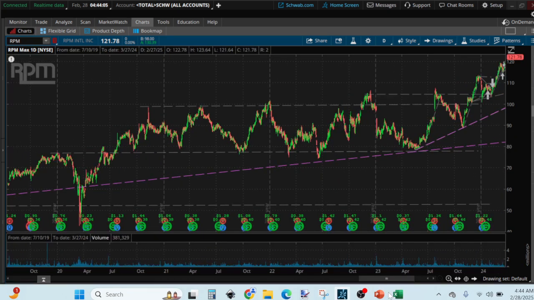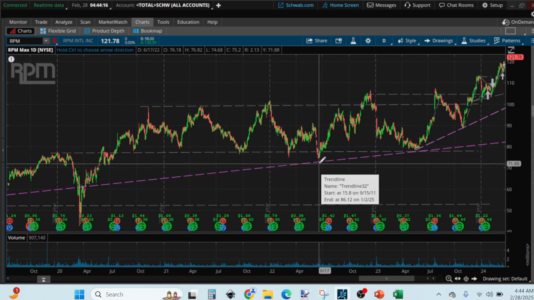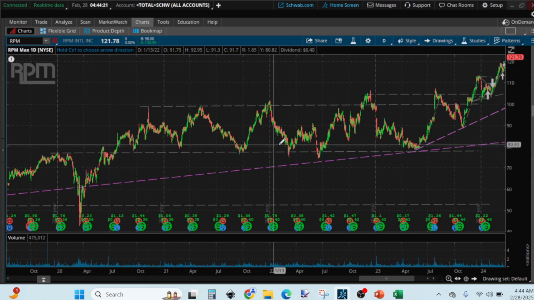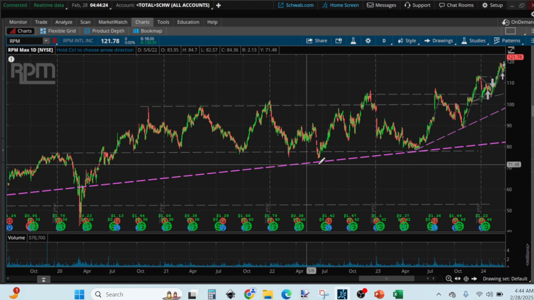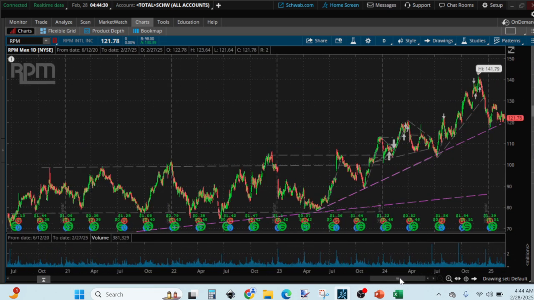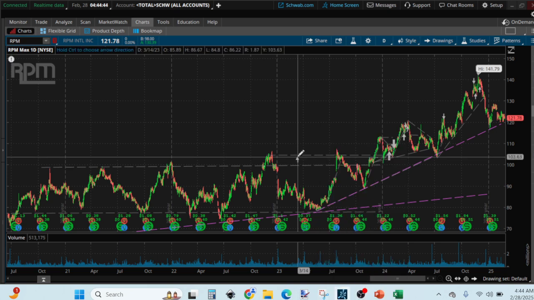It took a while to touch base with it, but use this as a support to go wide, not too far from the trend line. And we have this line here. In fact, let me use this one.